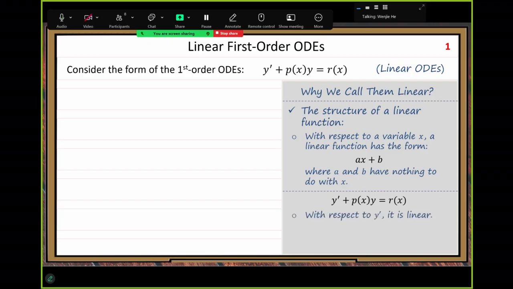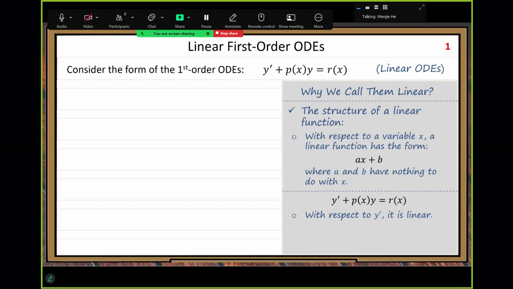First, with respect to y prime, we only look at y prime. We can ignore other terms without y prime. So we only consider terms containing the y prime symbol. If it is linear, then that's the first requirement.